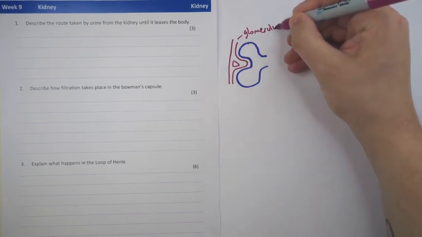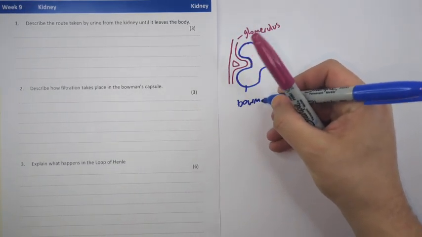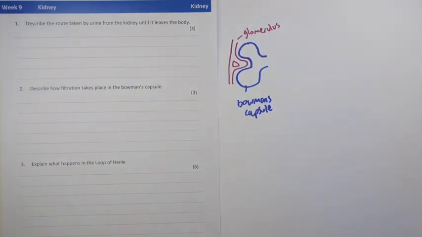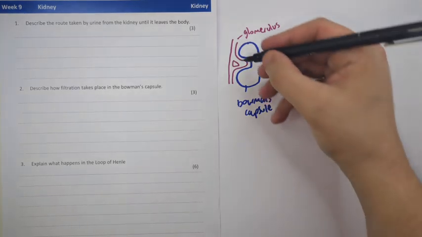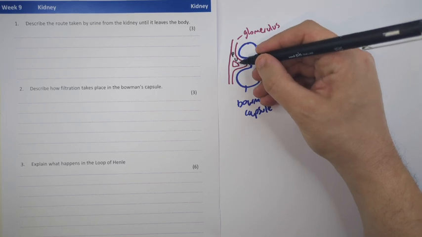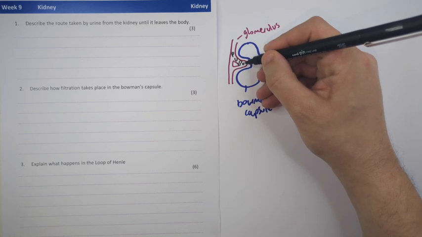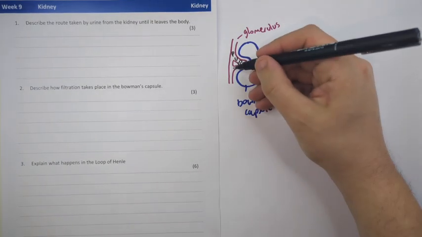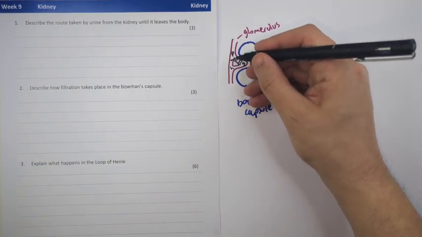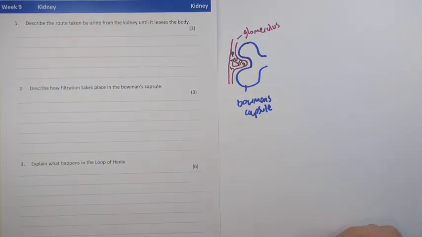Inside the blood here, you've got proteins, urea, red blood cells, which I draw like that, glucose, hormones, and water, of course. Now, what happens in the glomerulus is a process called filtration.